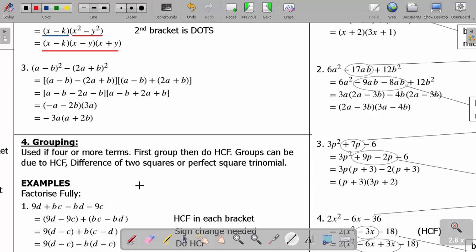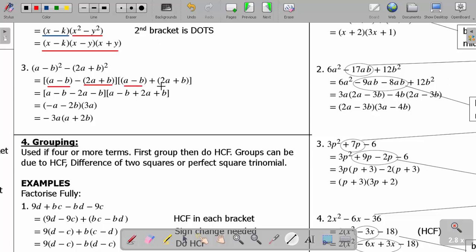So the square root of a minus b bracket squared gives me a minus b altogether. What about the square root of 2a plus b bracket squared? It gives us 2a plus b. So I write it in one of the brackets, and then the other bracket also, but with a different sign. This is a minus, so I'm going to put a plus here.